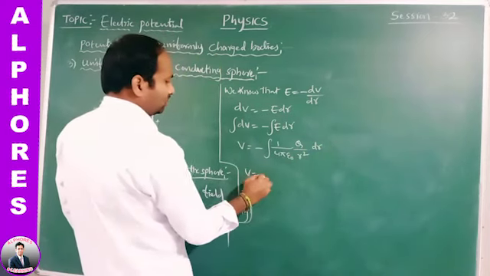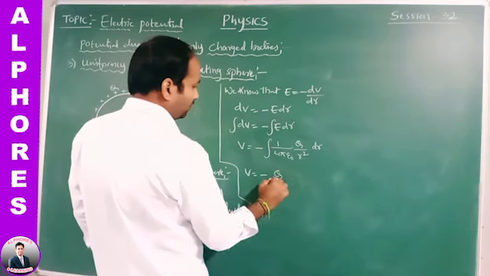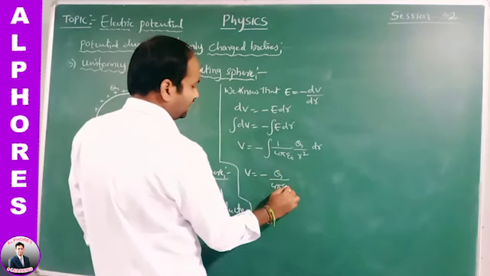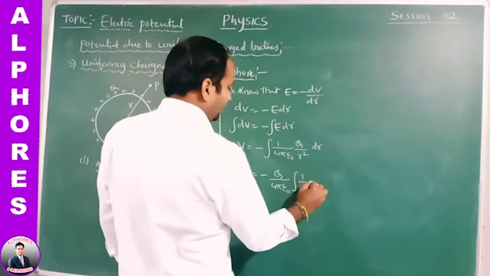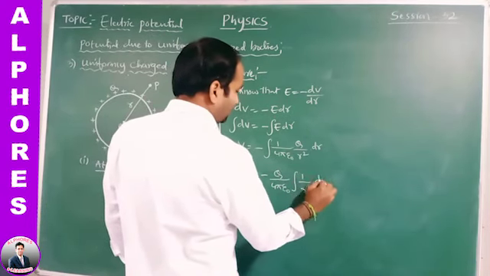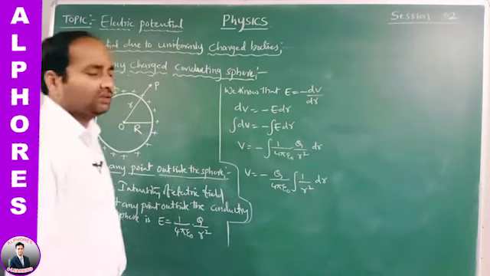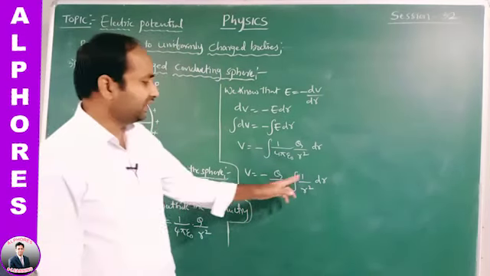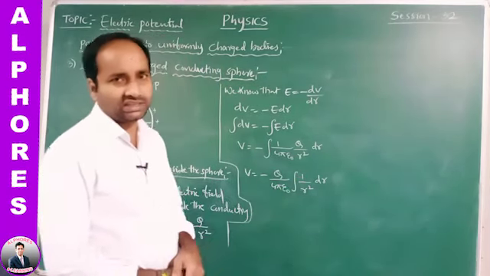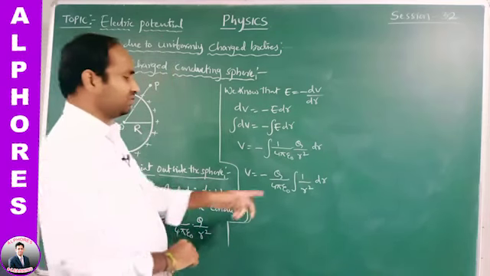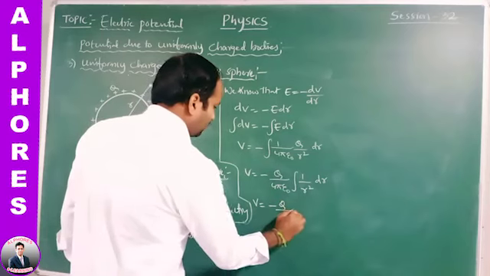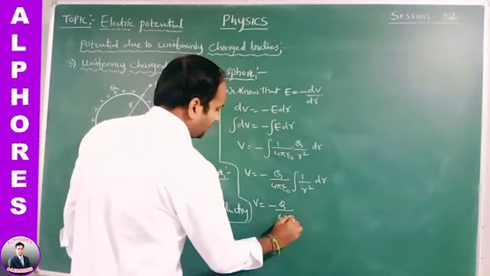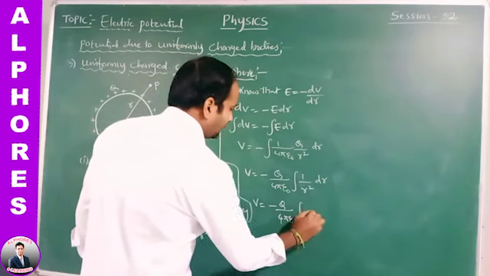Here V is equal to minus Q by 4 pi epsilon naught, which is a constant, outside the integration. What is the rest of the terms? Integration of 1 by r square dr. It is in the form of integration of 1 by x square dx, which can be written as minus 1 by x. So here it becomes minus 1 by r. V is equal to minus Q by 4 pi epsilon naught of minus 1 by r.